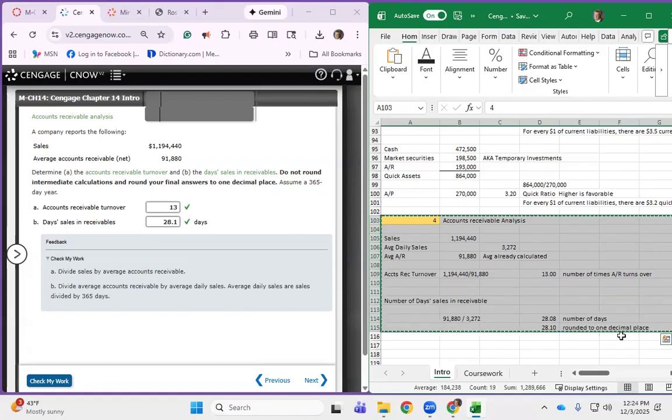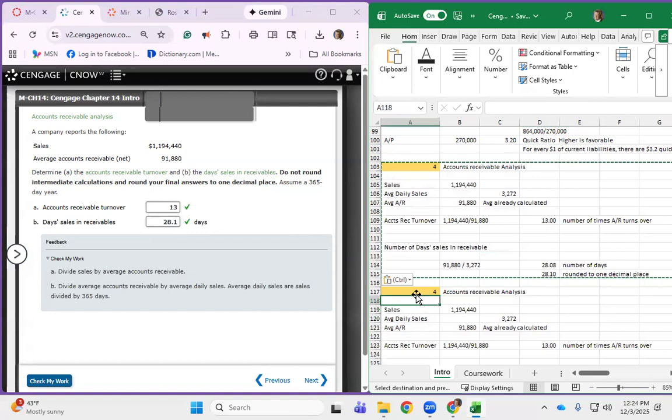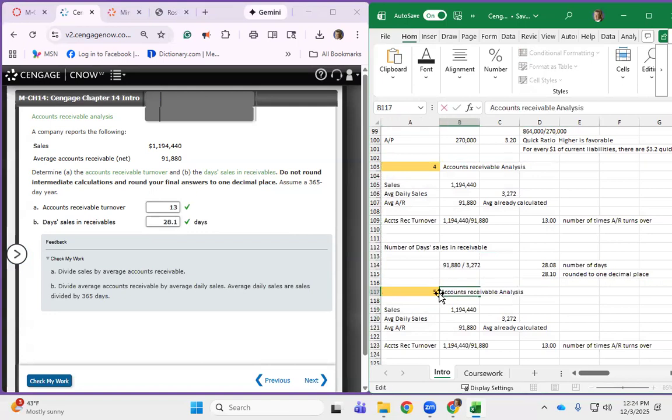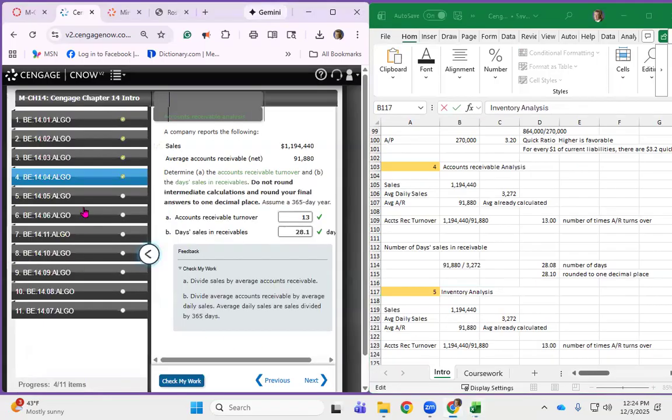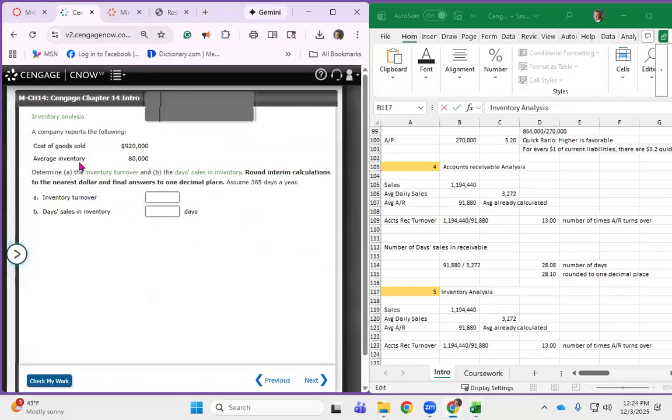So remember, accounts receivable and inventory are both assets. Instead of accounts receivable, we're going to use inventory. So let's go to number 5 then. Instead of sales, we have cost of goods sold, and instead of accounts receivable, we have average inventory.